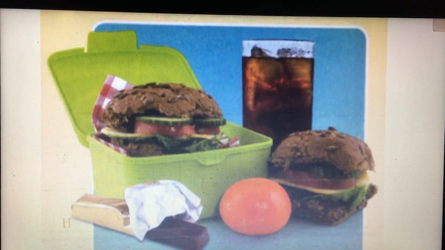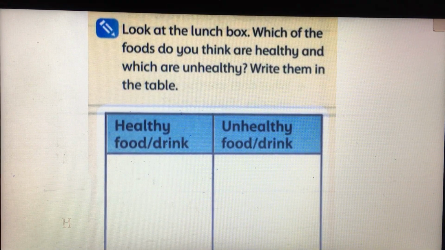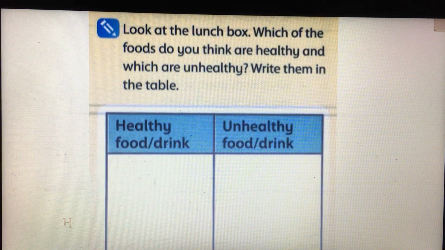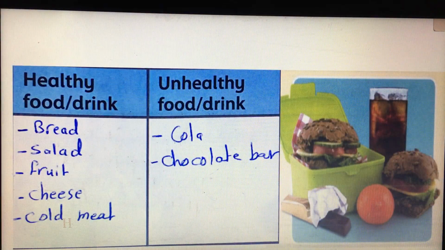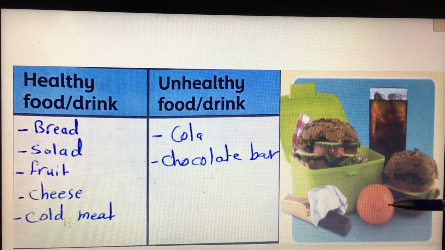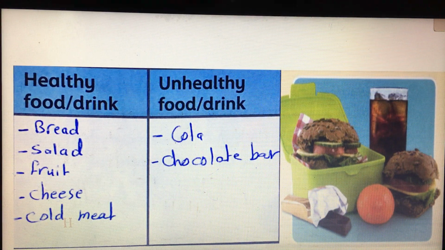So in your book, there is a question. Look at the lunch box. Which of the foods do you think are healthy and which are unhealthy? Write them in the table. So let's complete the table. As we say, we have bread, salad, fruit, cheese, and meat inside the sandwich.